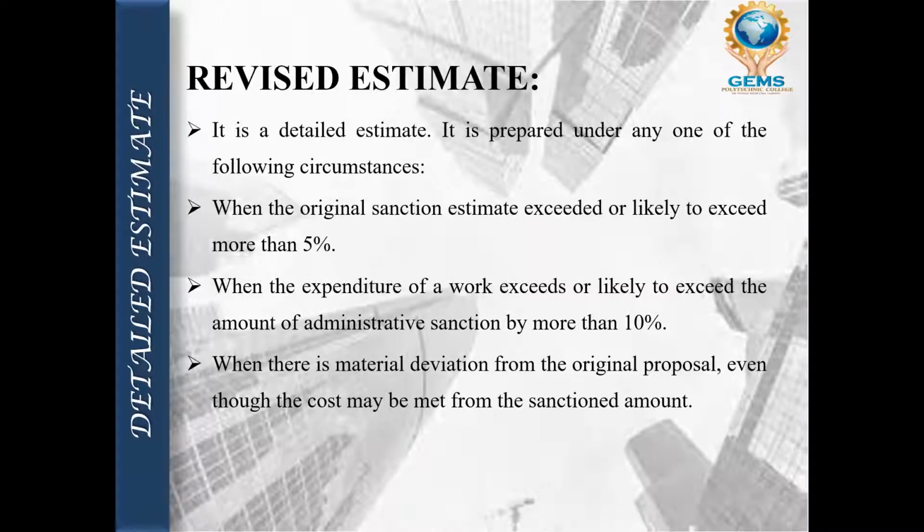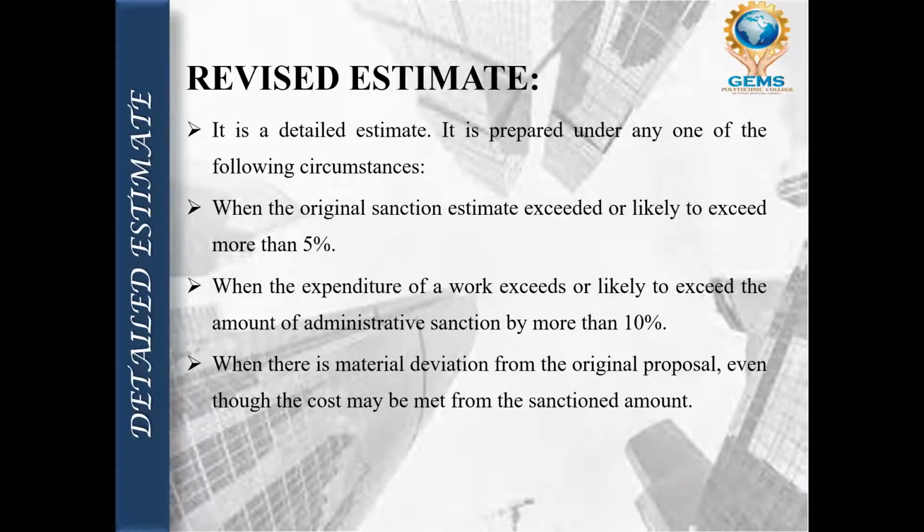If the sanctioned estimated amount is exceeded by more than 5%, we have to do a revised estimate. Then, when the expenditure of work exceeds or is likely to exceed the amount of administrative sanction by more than 10%. Expenditure means how much amount we spend in the project. If what we are spending exceeds it by more than 10%, we have to do a revised estimate.